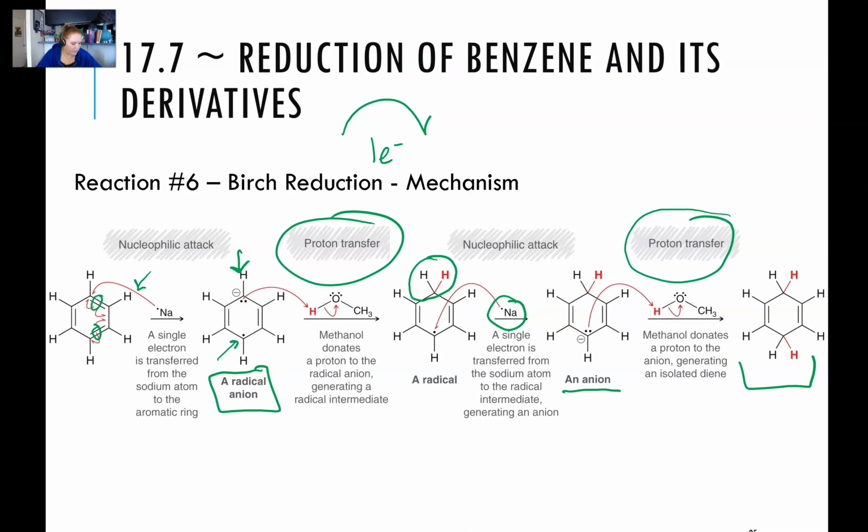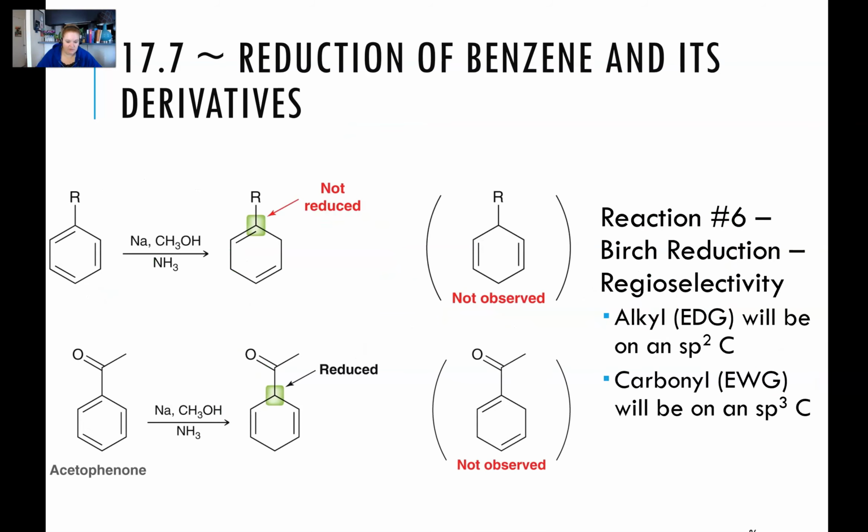So a little bit more about this one. Specifically, it's regioselectivity. If we have an electron donating group attached to the ring, then when it reduces down, that electron donating group will be on an sp2 carbon. So the way that it looks right here.